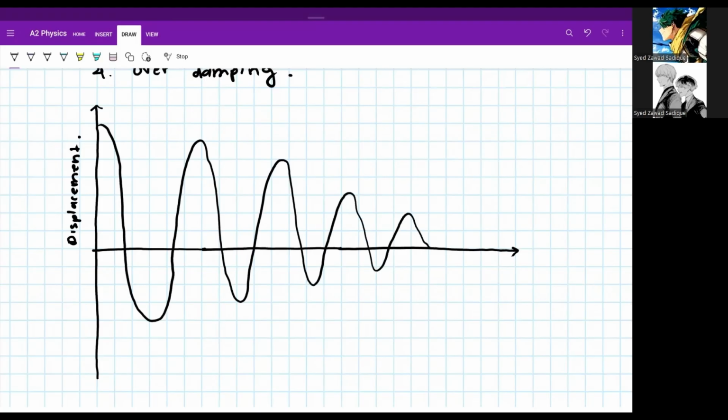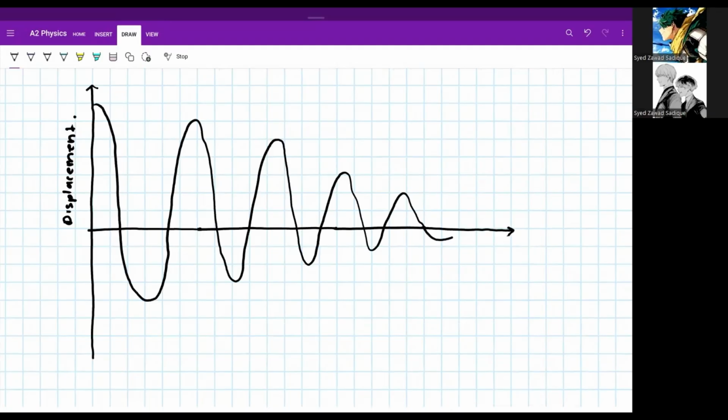So this is known as light damping. This is critical damping, and this is heavy, also known as over damping. Right. So I'll just label them.